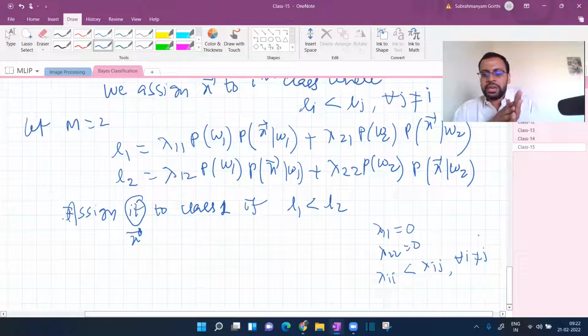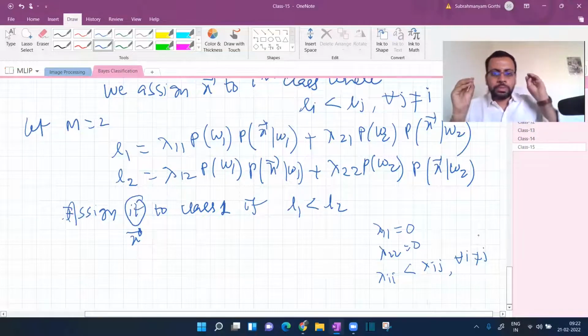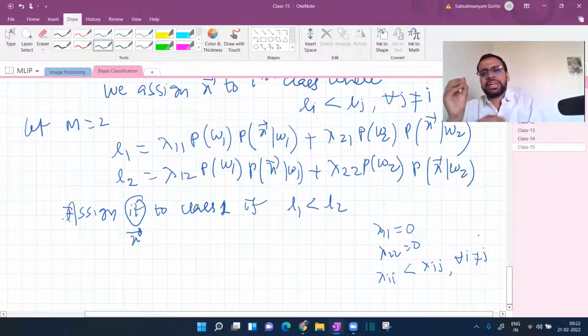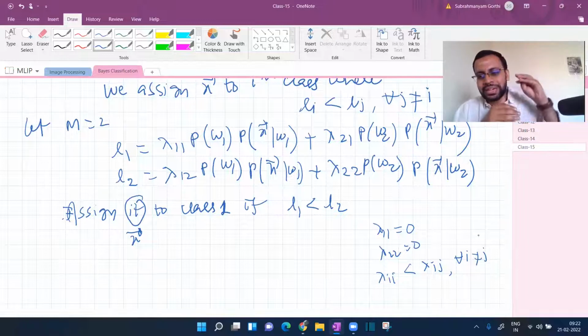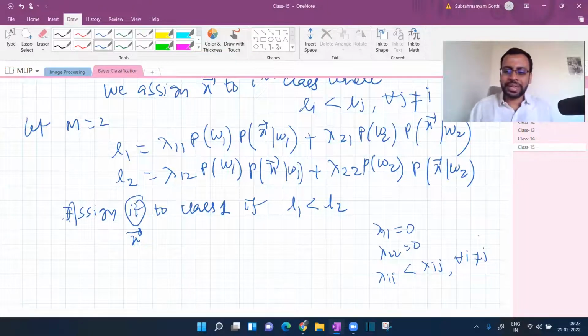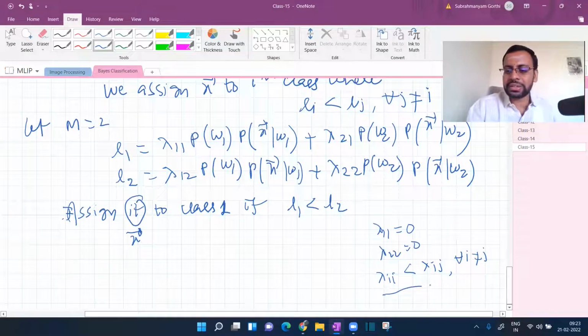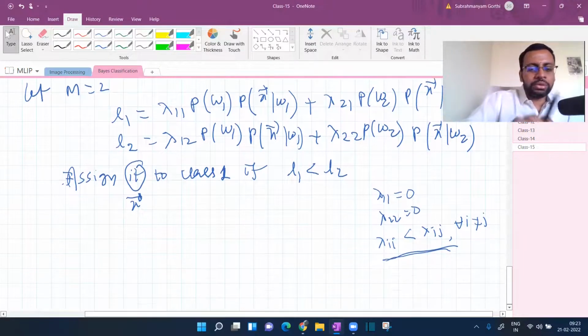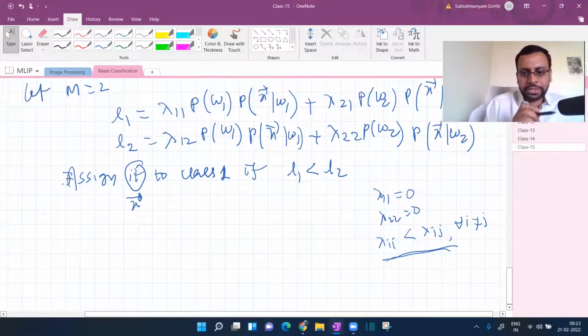All I'm saying is, the penalty that you are going to impose if it is wrongly classified will obviously be more than rightly classifying it. Lambda ii means it belongs to ith class and we assigned it to ith class, so error is in fact 0. I have purposefully written this trivial thing also, which will become clear to you after a couple of steps.